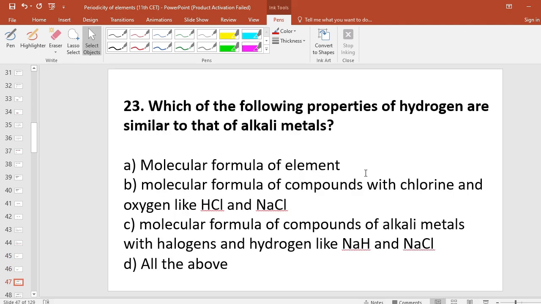Next one, which of the following properties of hydrogen are similar to that of alkali metals? First one is molecular formula of element. Next, molecular formula of compounds with chlorine and oxygen, like HCl and NaCl. Next, molecular formula of compounds of alkali metals with halogens and hydrogen, like NaH and NaCl, and all the above.